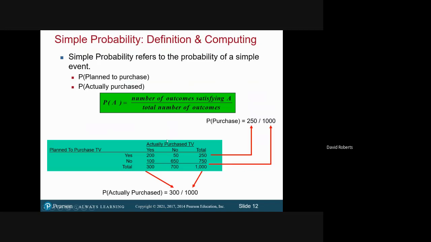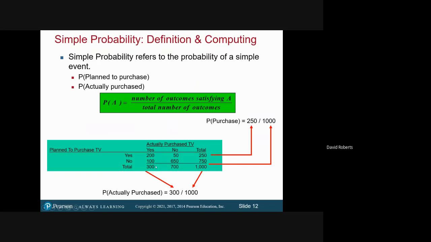So then, again, don't worry so much about the formulas, just follow the logic. So in this particular case, actually purchase the TV. Out of 1,000 people, 300 purchased TVs. So that's where you get, sorry, 250 said yes, but that represents 250 out of 1,000.